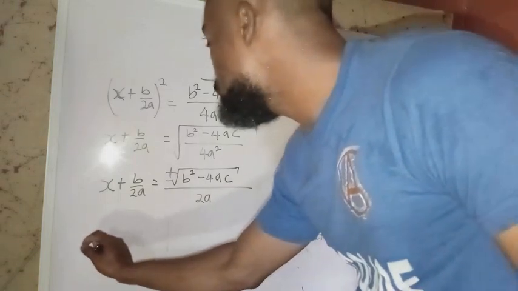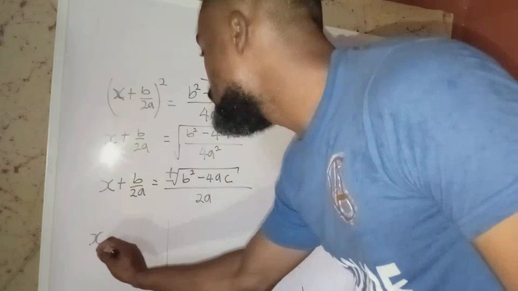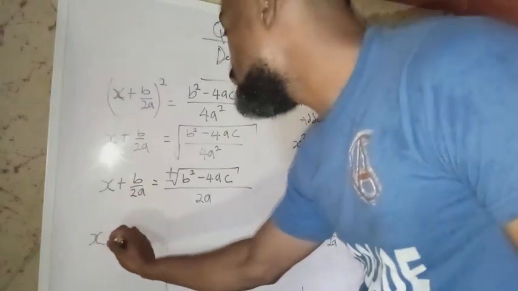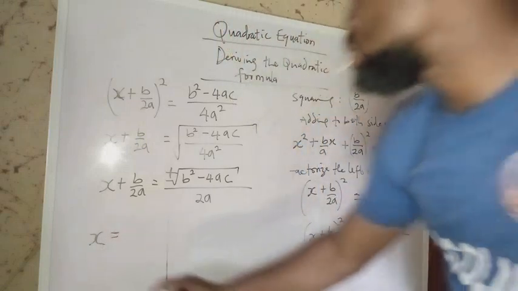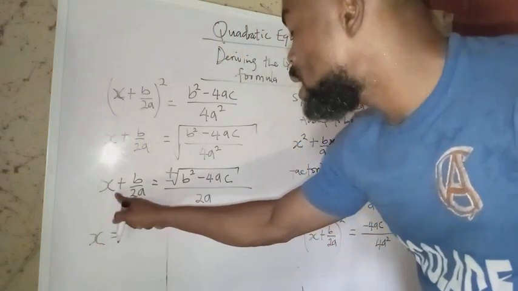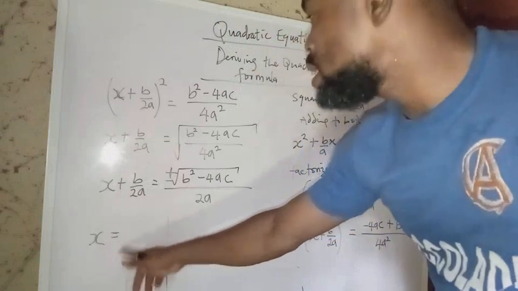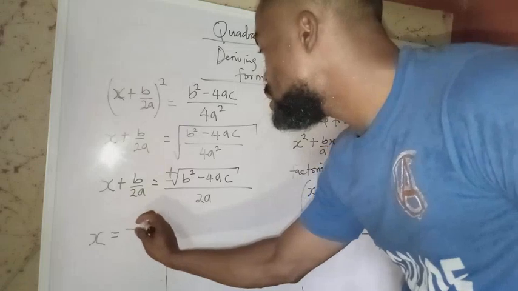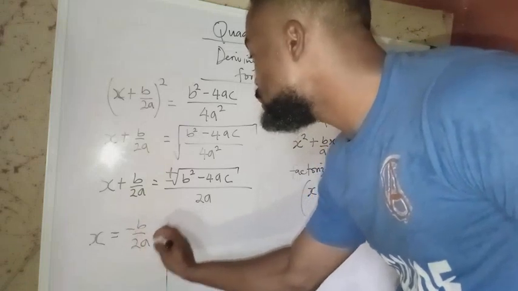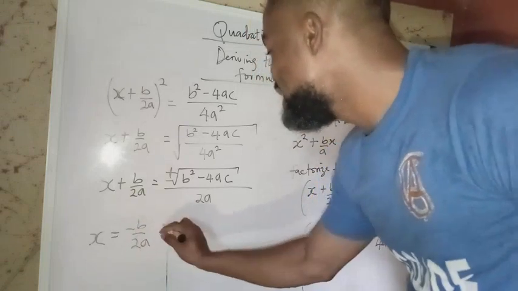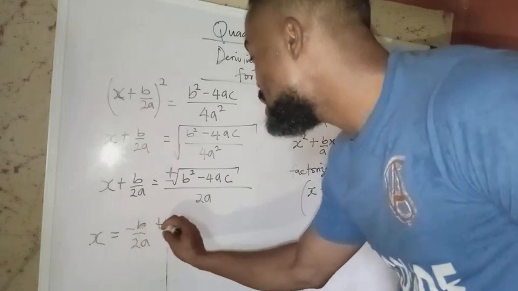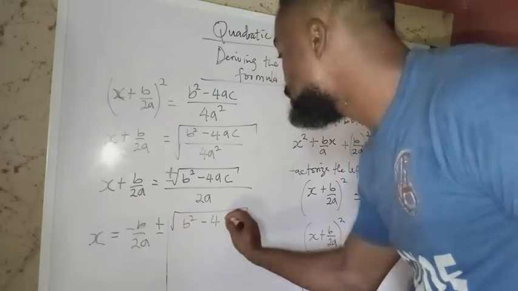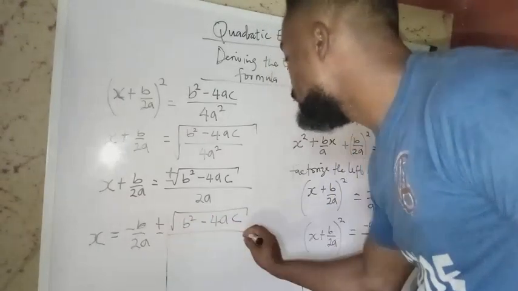So, having come to this point, to get x alone, we have to move plus b over 2a over the equality sign. So instead of x plus b over 2a, we have x equals, plus b over 2a moves over to become minus b over 2a. Sorry, minus b over 2a plus minus square root of b squared minus 4ac all over 2a.